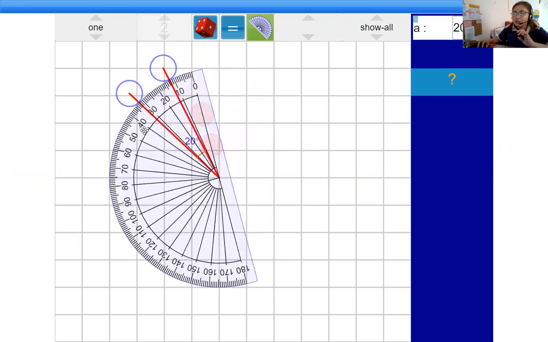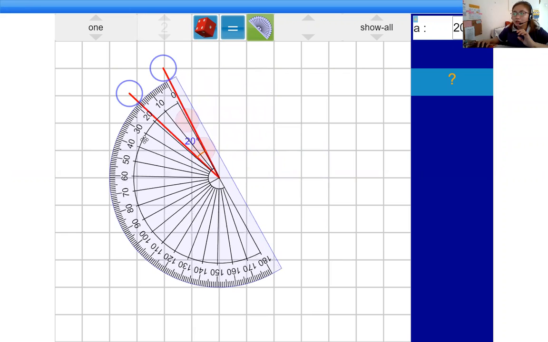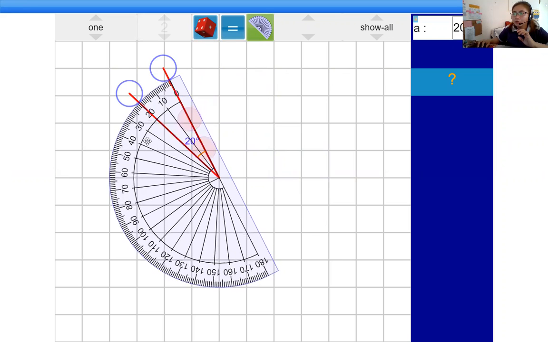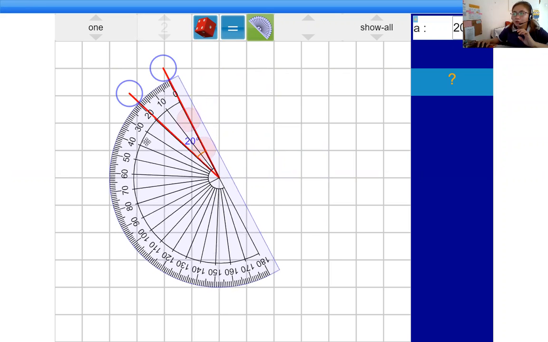There you go. Your protractor is pointing at 0 degrees for one of its rays and the other one is at 20 degrees. It means that our angle is 20 degrees.